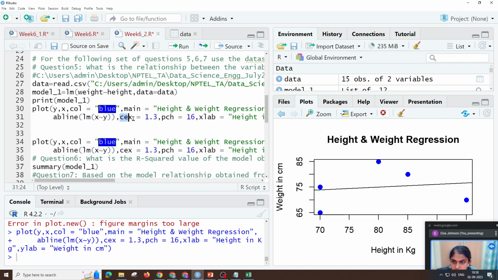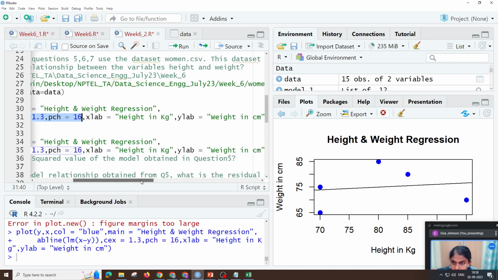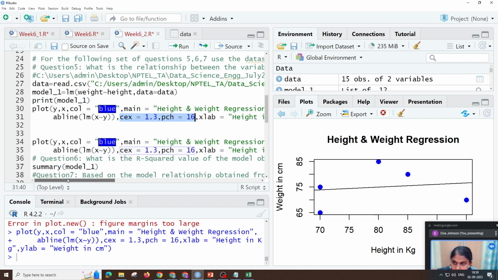Then I have given some margins, etc. That is not necessary.